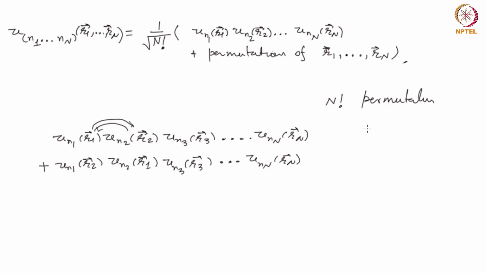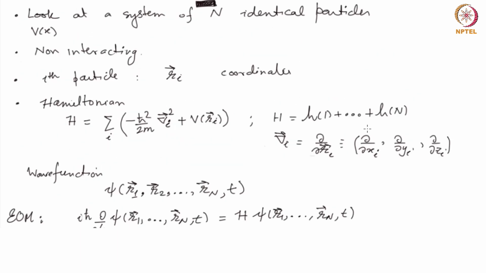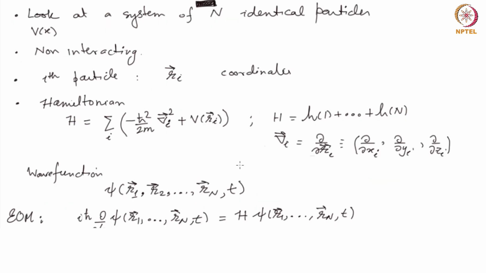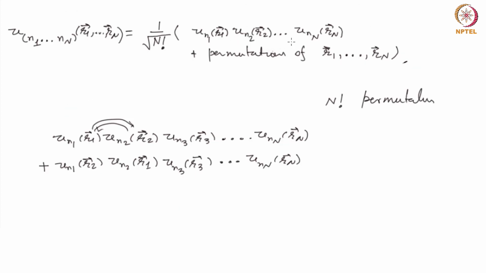And the symmetry properties are the same under interchange of any two labels. If you interchange any two, it's symmetric, and here also we have constructed states which are symmetric under interchange of any two. These are normalized.